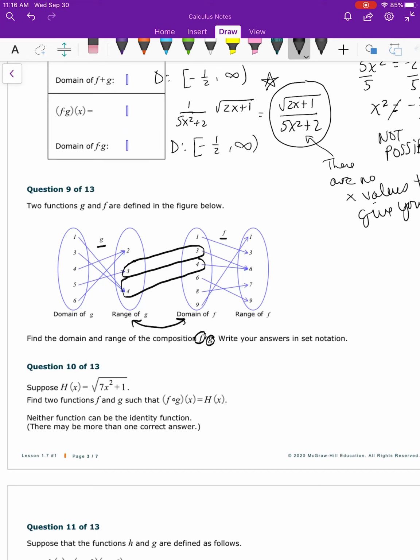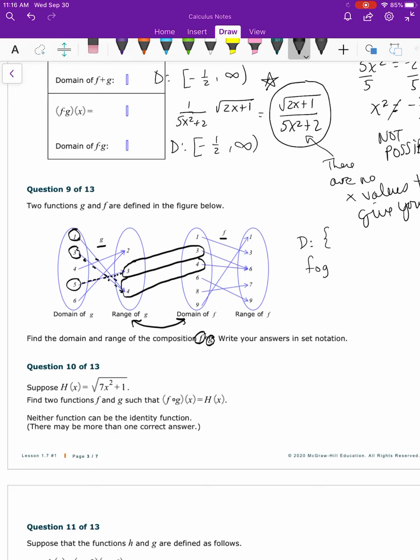So to find the domain of f composition g, you are going to follow both of these numbers back to see what they go to. So 5 is going to be in your domain, and 3 and 1 are going to be in your domain, because you're following those back.